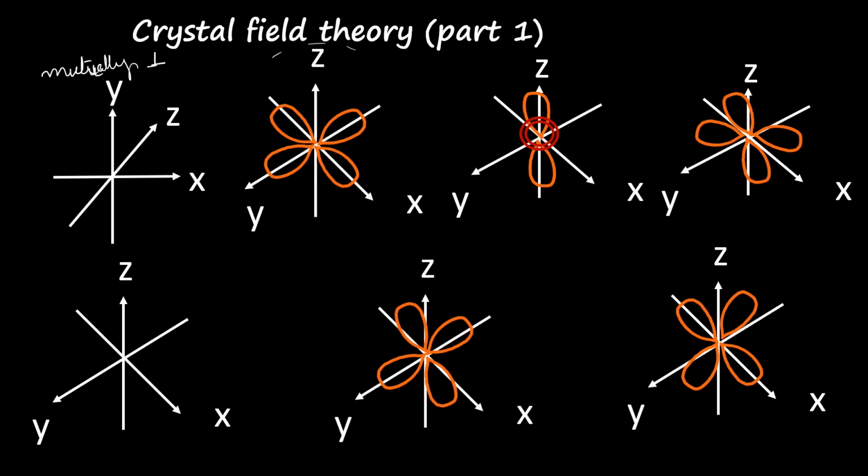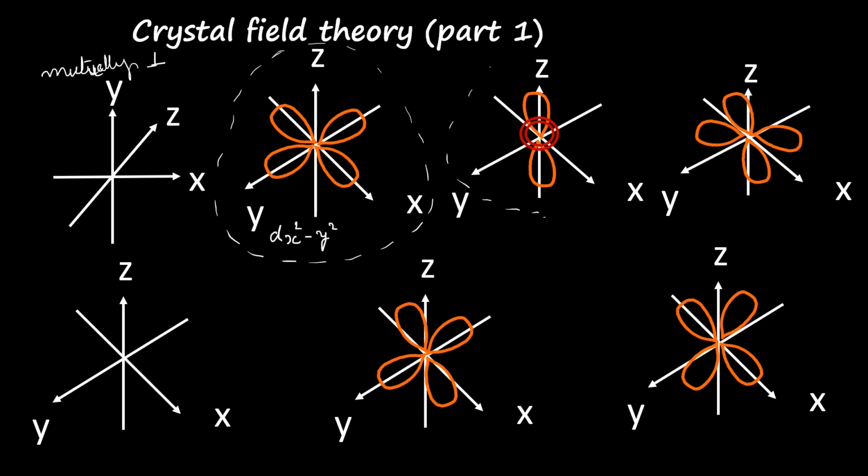This is one orientation. The petal-like formations represent the possible electron density or the path of the electron. This orientation is called dx square minus y square. The orientation of the electron density is along the x-axis and along the y-axis. Hence the name dx square minus y square.